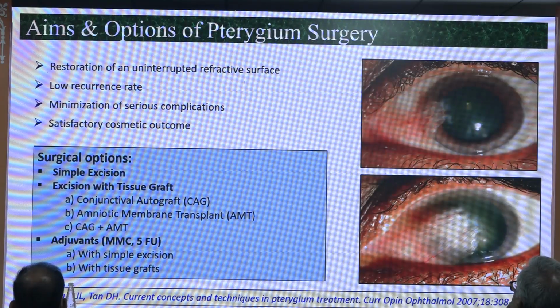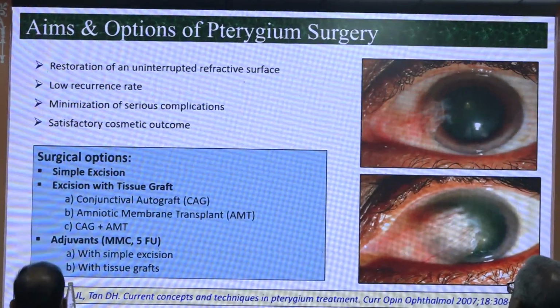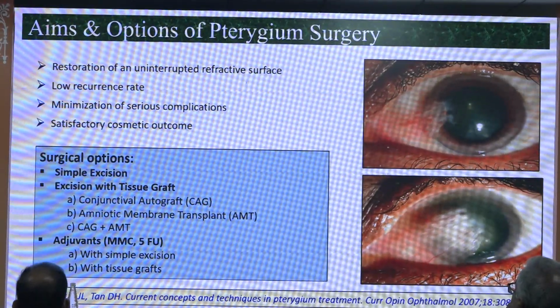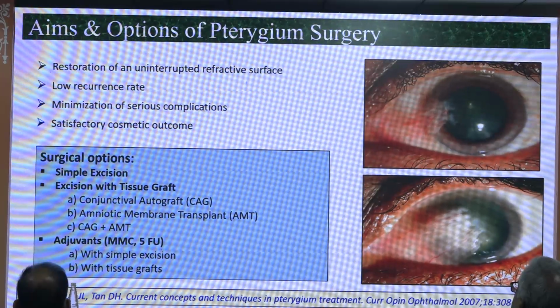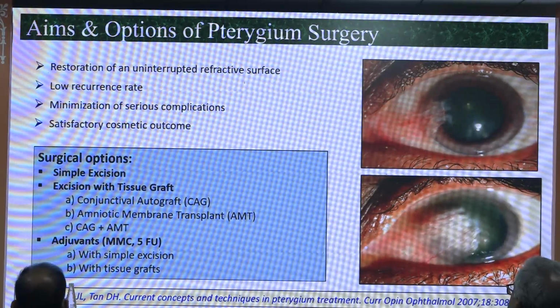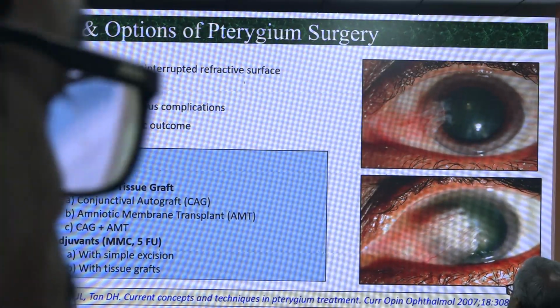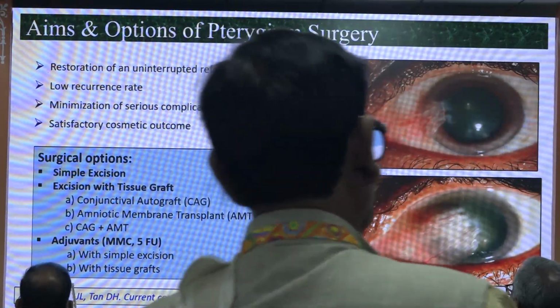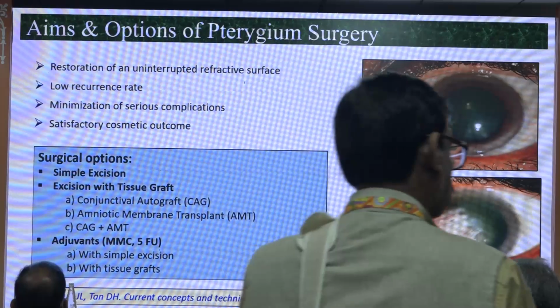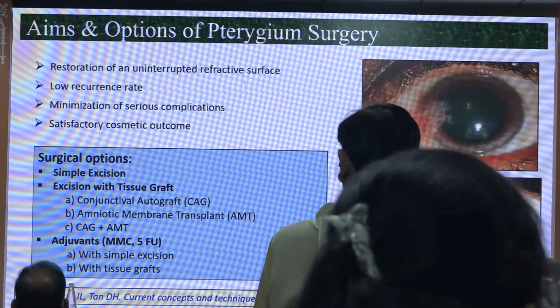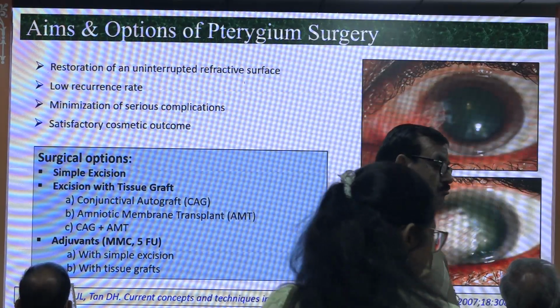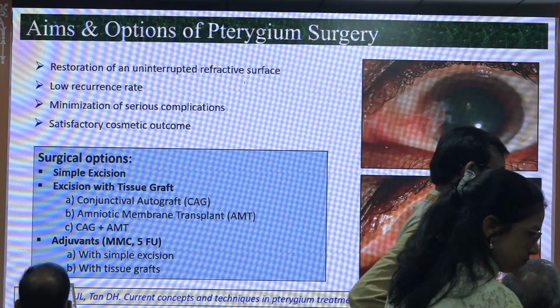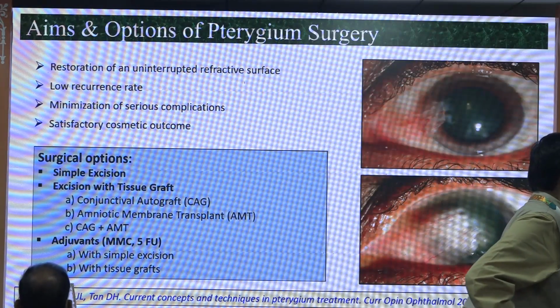The surgical options available are simple excision, also known as the bare sclera technique, excision with tissue grafting like conjunctival autograft, amniotic membrane transplant, or a combination of both, and adjuvants like MMC, 5-FU, and a few others. They can also be combined with a simple excision technique or with tissue grafting.